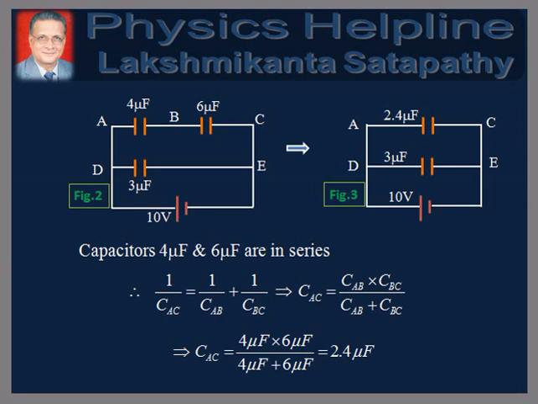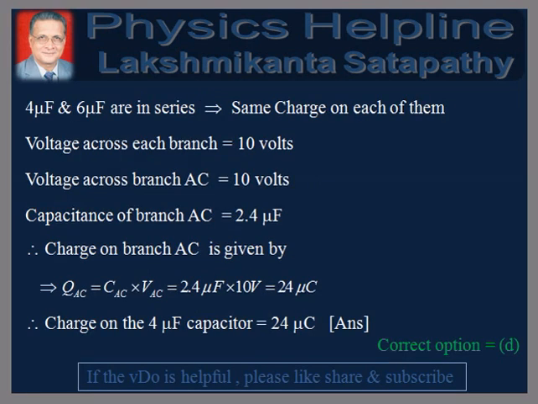Putting the values and simplifying, we get the net capacitance of the upper branch AC is equal to 2.4 μF. As 4 μF and 6 μF capacitors are in series, the charge on each of them and also on the combination will be the same.